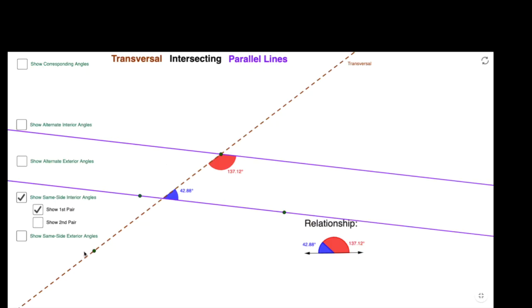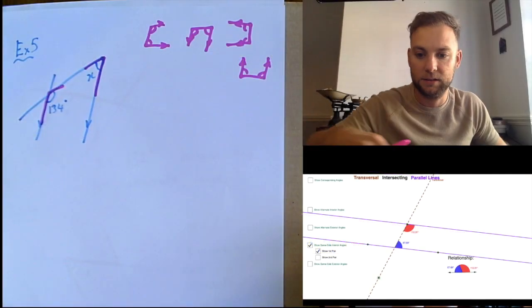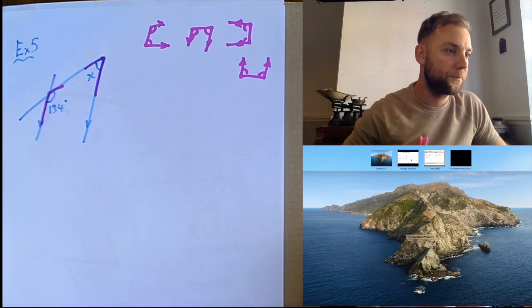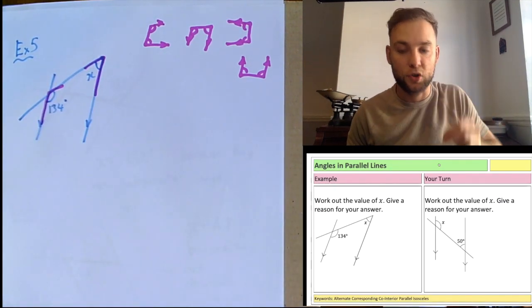So here we've got an angle which is 67.96 and an angle here which is 112.31, and they form 180 degrees, and that's because these are co-interior angles. So these two here are co-interior, which means that they sum to 180.